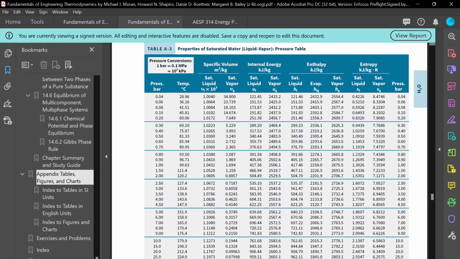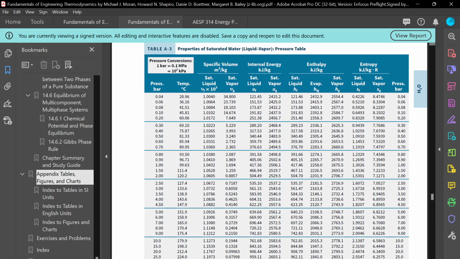So what are we trying to read from this table? The first one is, of course, enthalpy. For saturated liquid, it's going to be your H3. That's the enthalpy at state 3, after the condenser. Is this the only thing you want to read from this table?